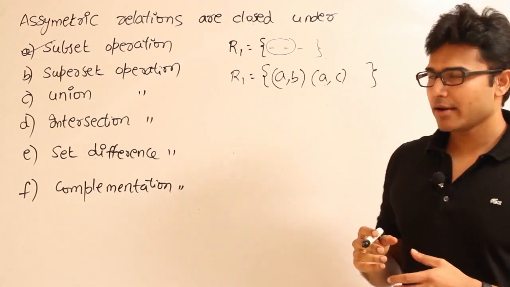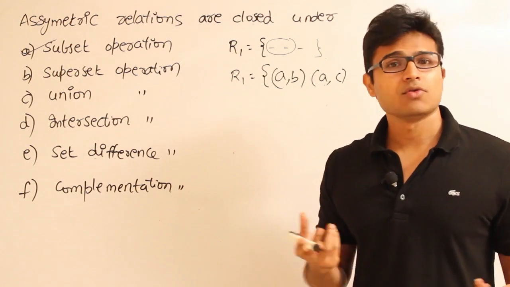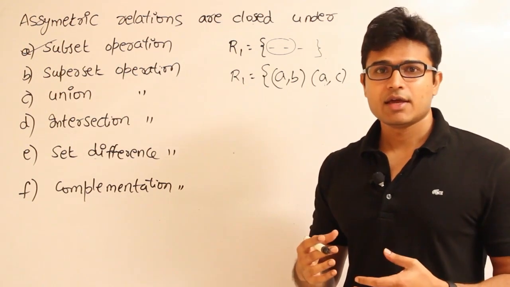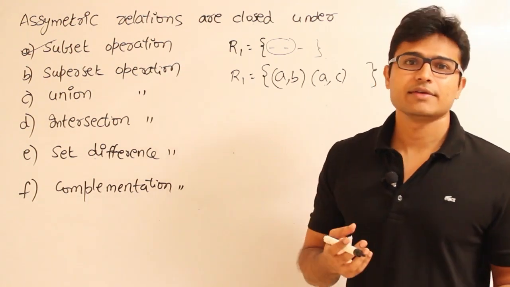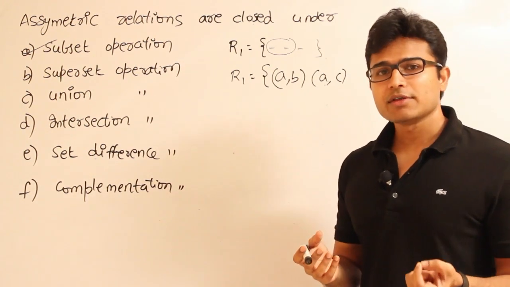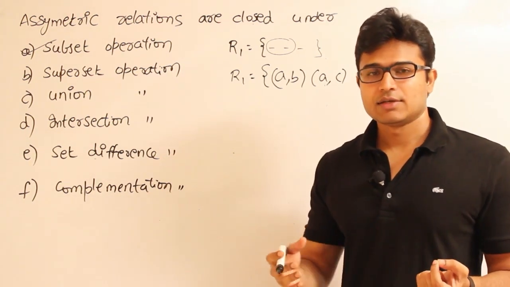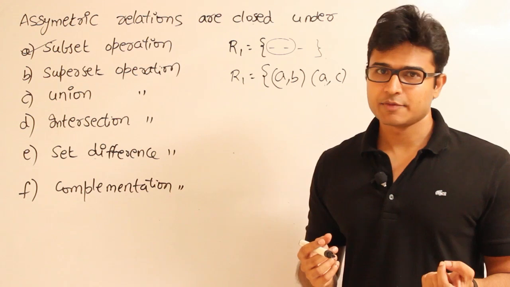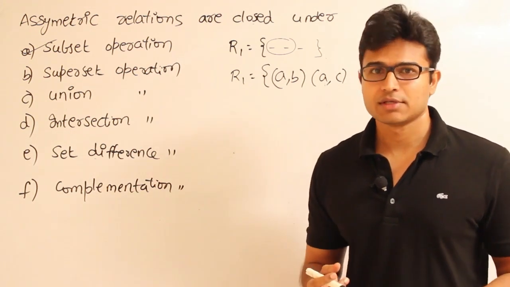Now if I try to add more ordered pairs to it, can you say that every addition is going to give an asymmetric relation? Then only we can say that it is closed. Even if you can find one addition to the existing asymmetric relation so that the result is not asymmetric, then we cannot say that it is closed. We can say that it is not closed, right?